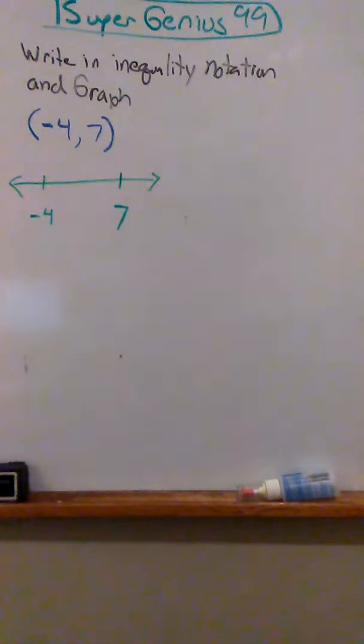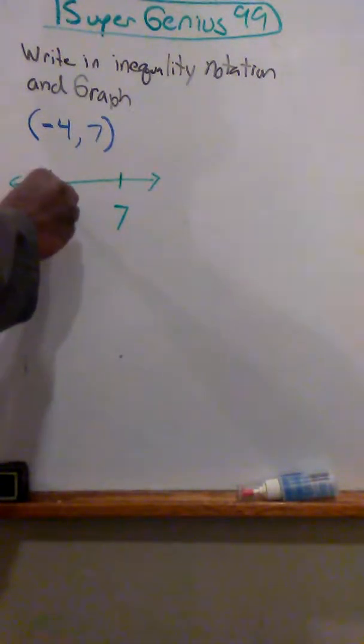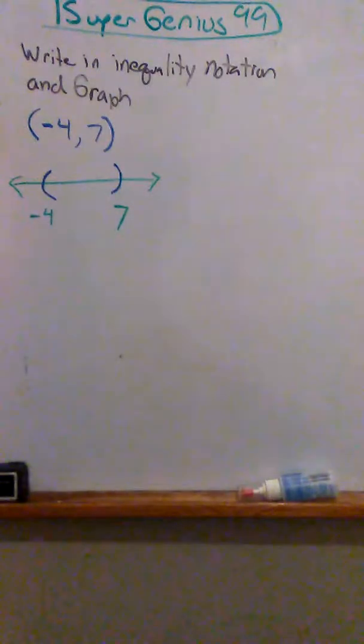Okay, and then what do parentheses mean? So parentheses means we're not including that number, so it's like every number up to -4, not including -4. So just label that with the parentheses and you should be good. And then shade in between.